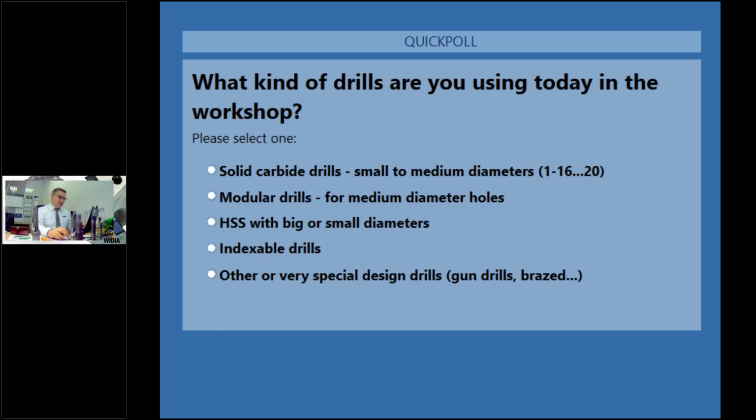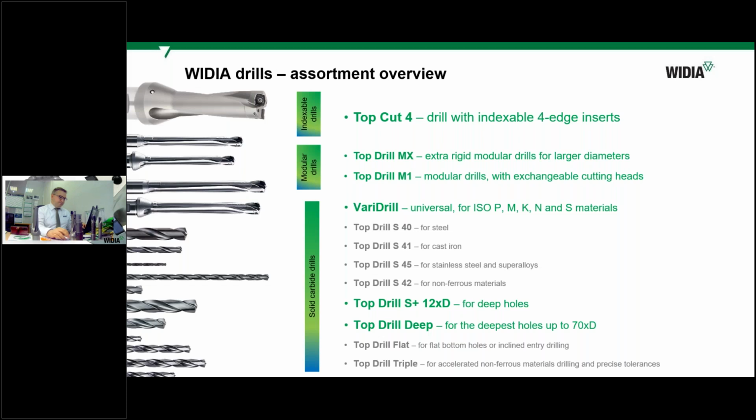Oh, very interesting results. About a third for indexable, a third for modular, and a third, a little bit more now, for solid carbide drills. Very well, thank you very much. I will show the poll now. I see that you are still voting for your variant. Okay.